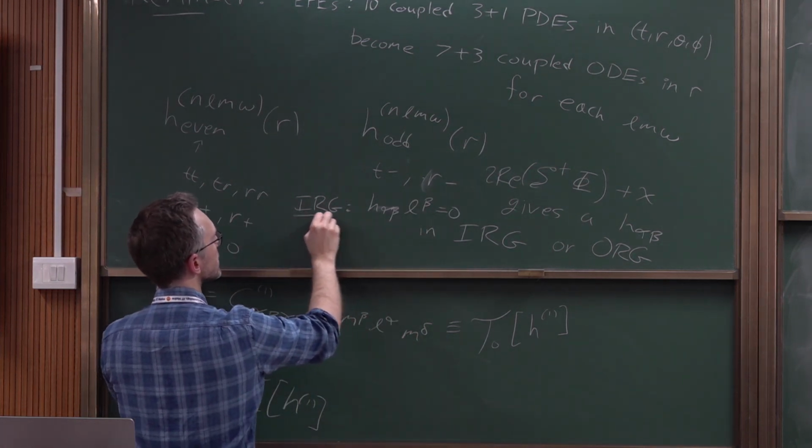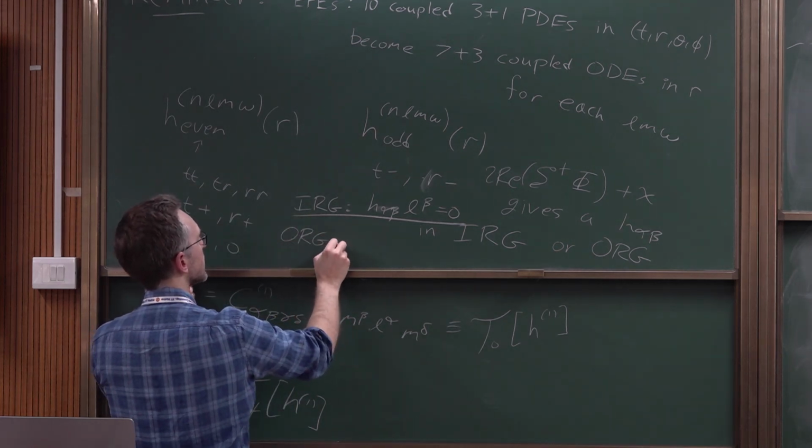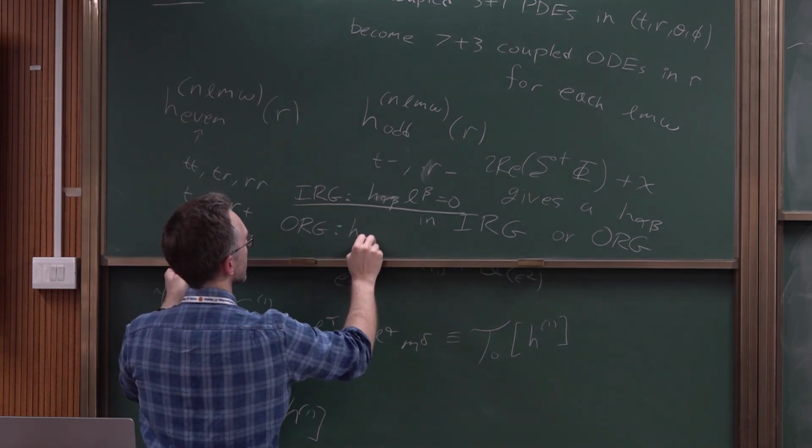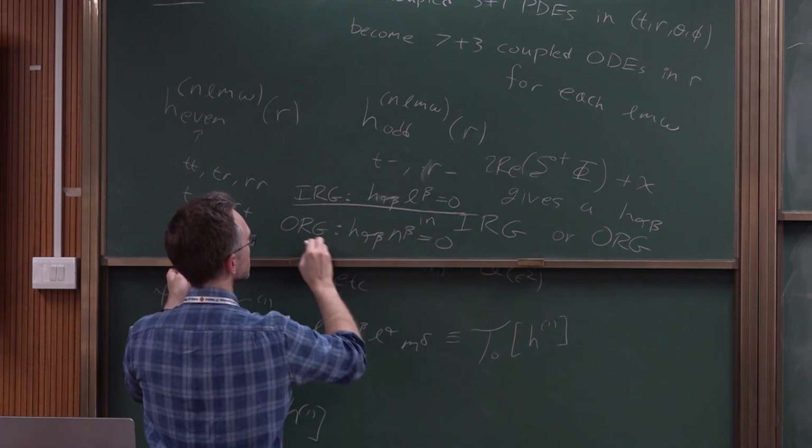That's the IRG. Or h alpha beta n^beta equal to 0. That's the ORG.